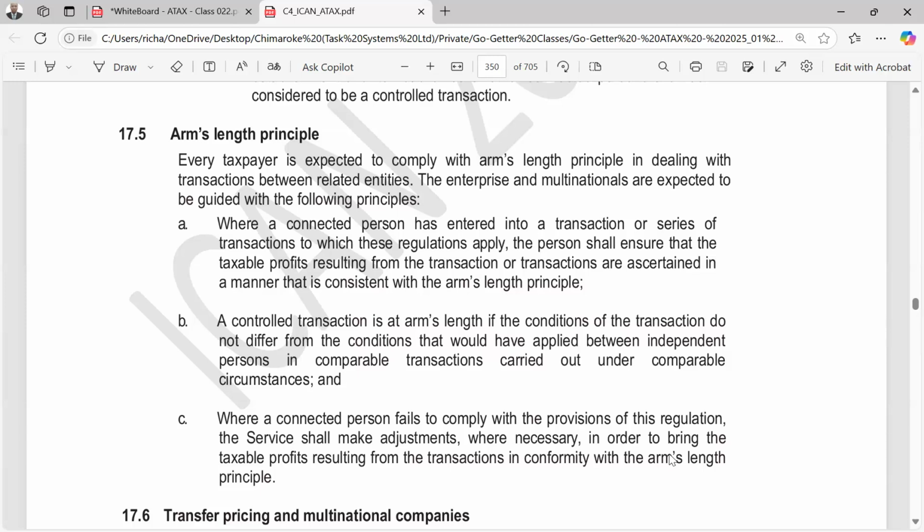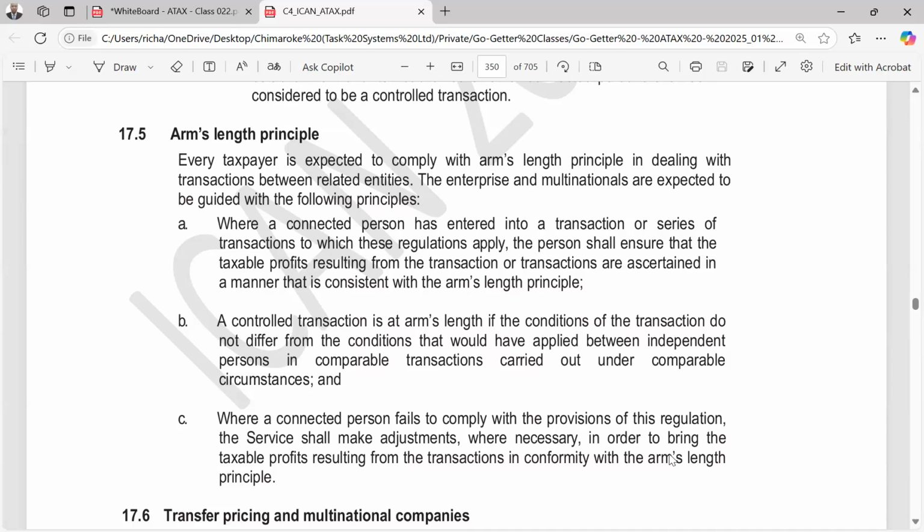You're supposed to sell that asset for 10 million naira in the open market. Okay, that is what the asset is worth. Then you decide to sell it to your uncle for 6 million naira.